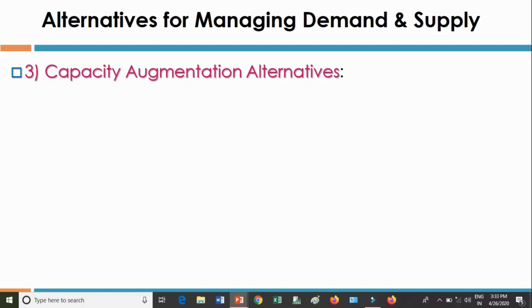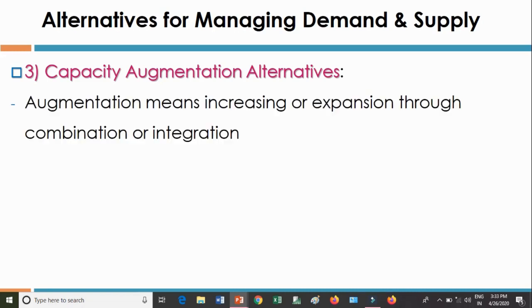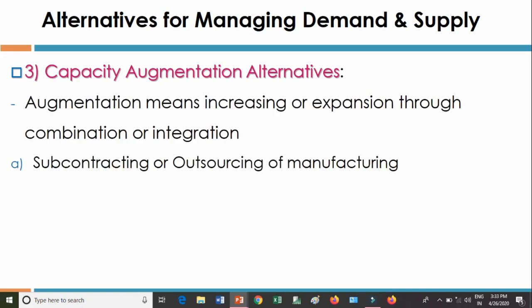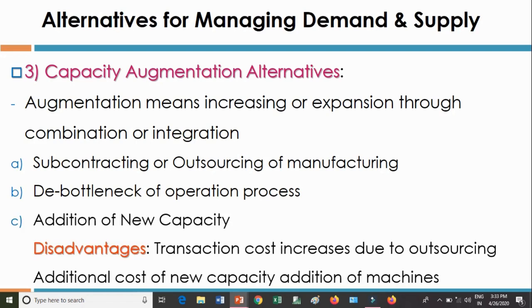Then there are the capacity augmentation alternatives. Augmentation means increasing or expansion through combination or integration of activities, which can be done either by subcontracting or outsourcing of manufacturing, debottlenecking of the operation process, or addition of new capacity. The disadvantage of this method is an increase in transaction cost due to outsourcing.